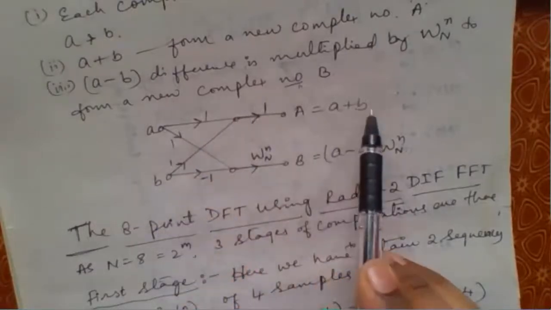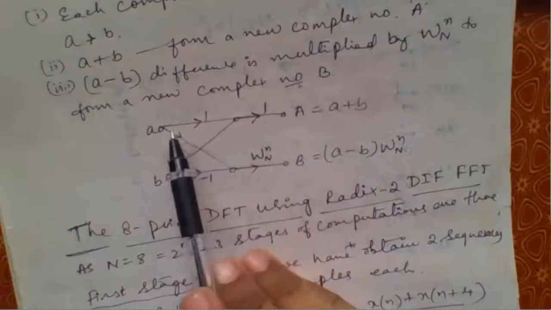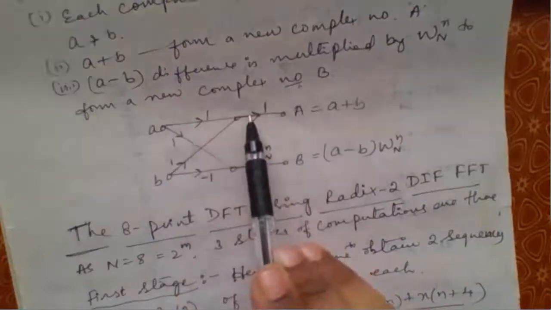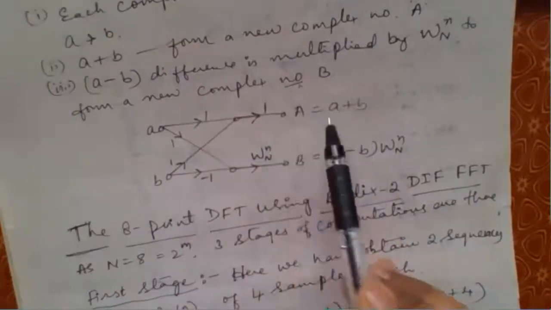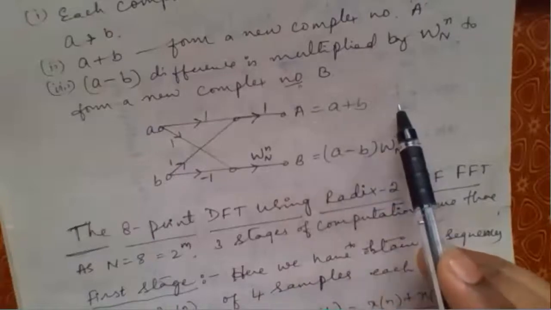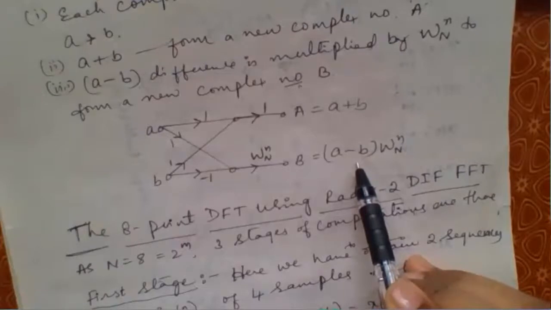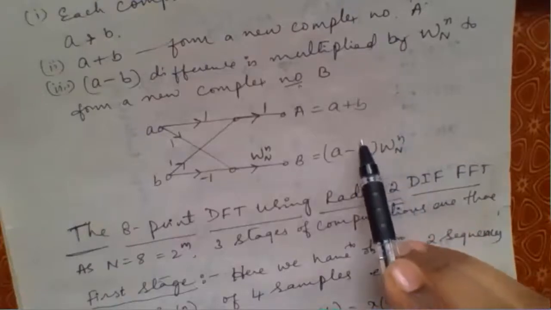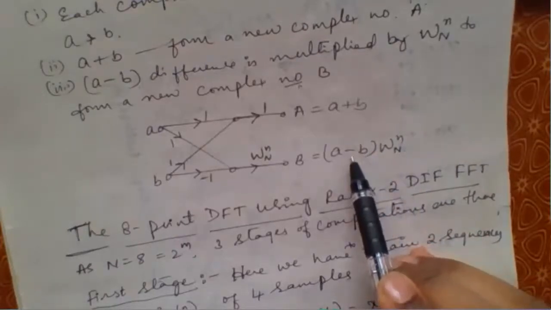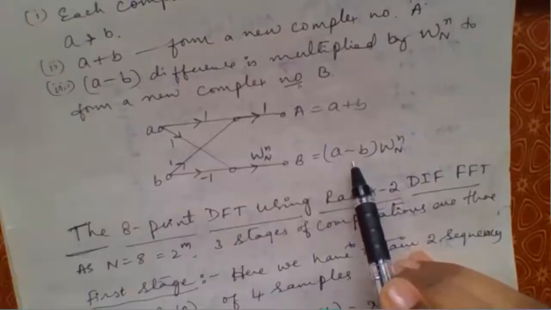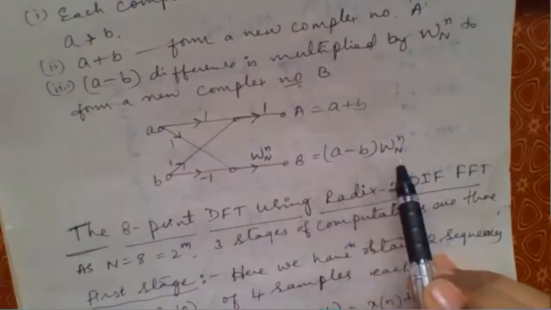To get A plus B there is no sign change; simply connect A with B, and here we have capital A equal to A plus B, the sum of two samples. Then when you are taking the difference, the branch B first has to be multiplied by minus, and later on the difference should be multiplied by W.